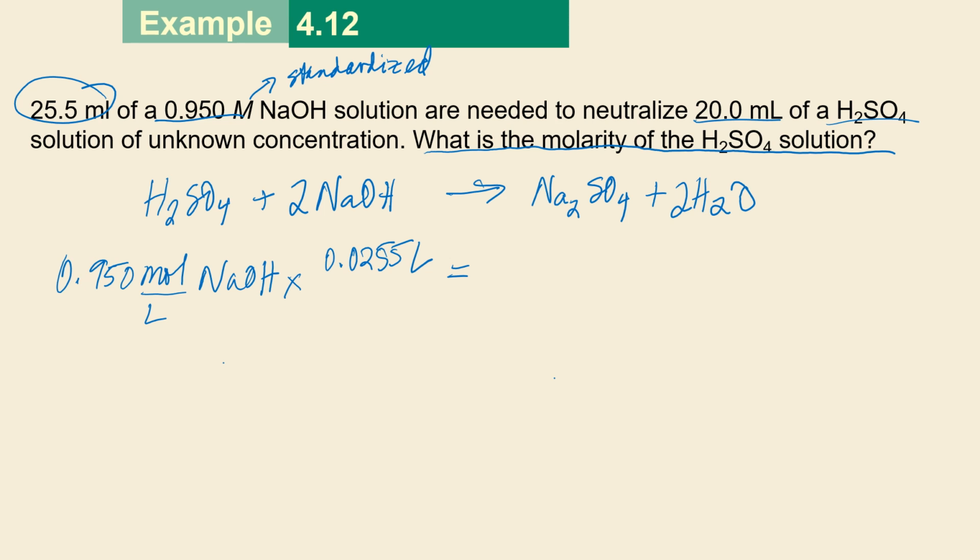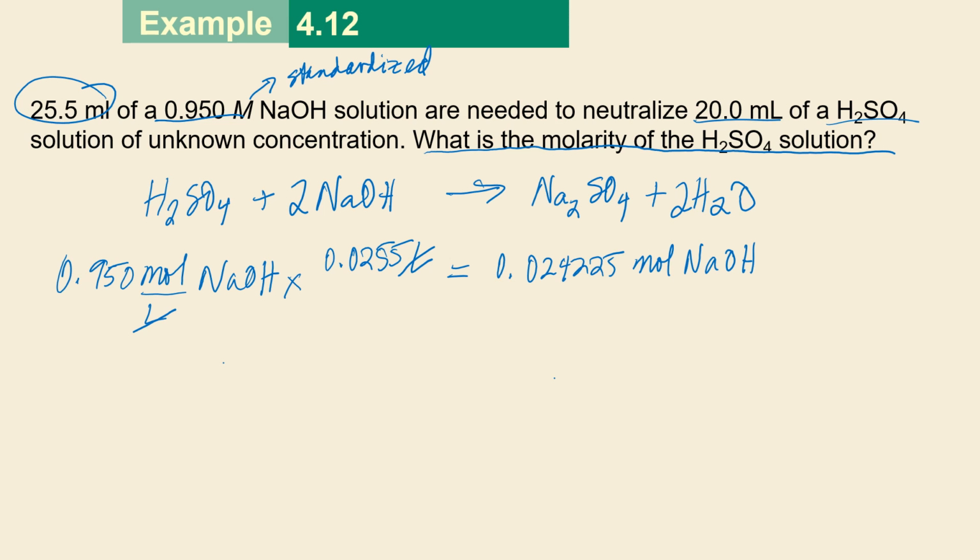So 0.950 times 0.0255 is going to give us 0.024225 mole of NaOH. Liters cancel.